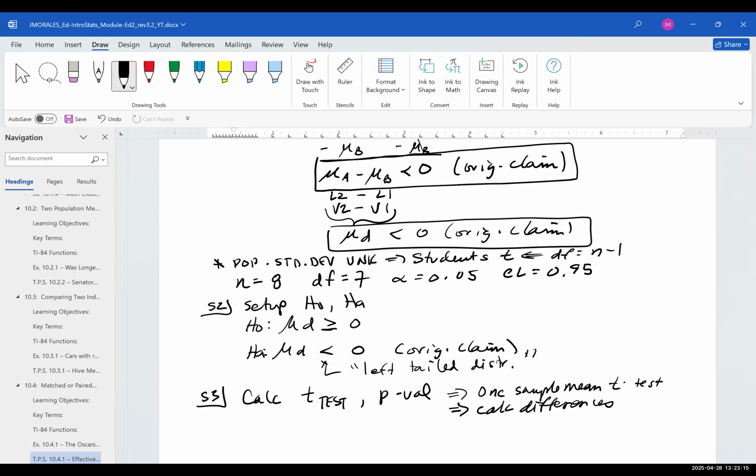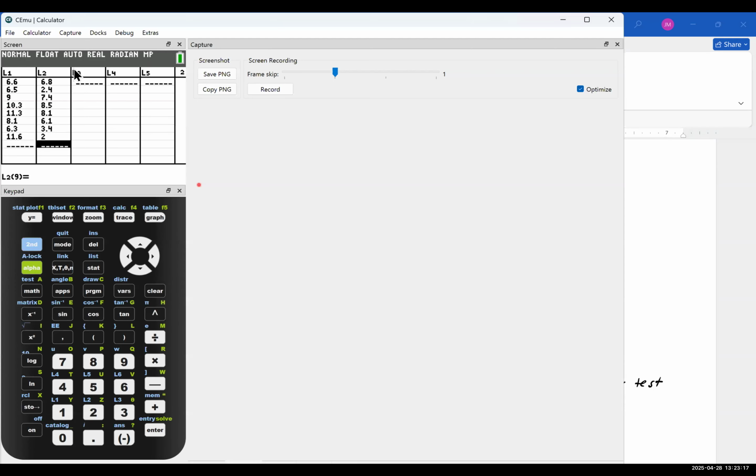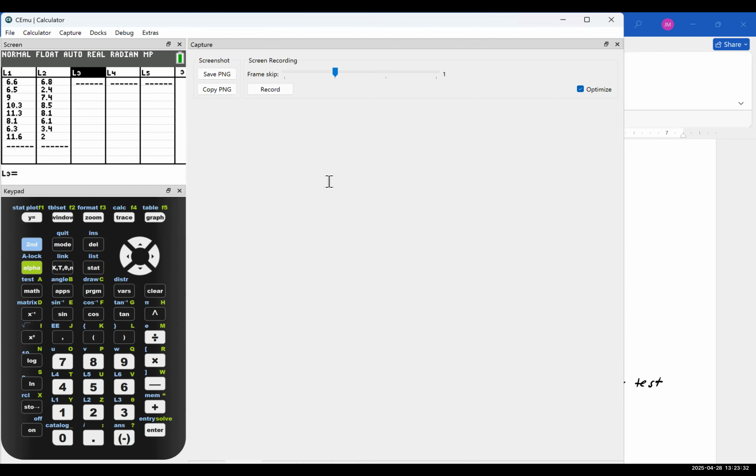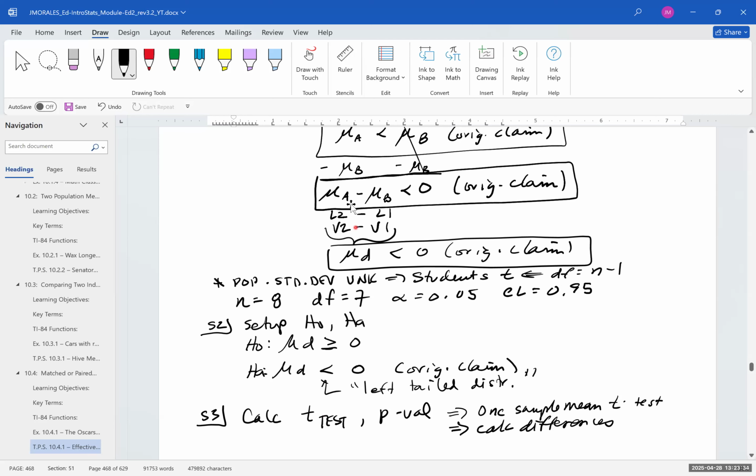All right, so here I've already gone into the Texas Instruments. So list 1 is the before, list 2 is the after. So the differences are going to go here in list 3. Okay, but remember, in order for all of this to work out right, we're doing the mean of the after minus the mean of the before scores. So this will be list 2 minus list 1. We have to do it in that order.